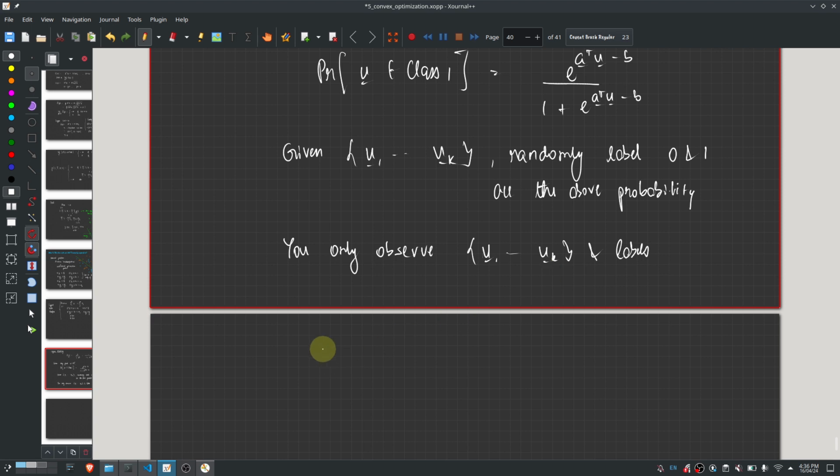Let's say that I observe points u1, u2 up to um have label 1, and um plus 1 up to m plus n have label 0.